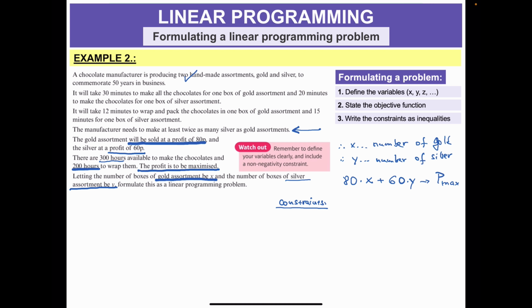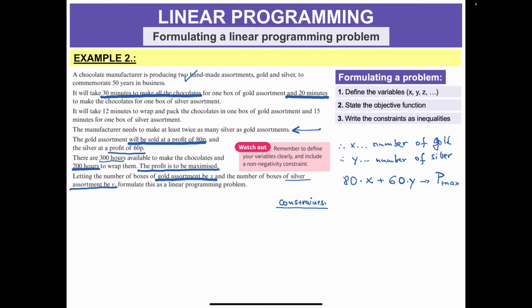So I can go back to the information about making the chocolates, but be careful because it's in minutes and the constraint is expressed in hours. So either change hours to minutes or minutes to hours, doesn't matter. So I will change hours to minutes.